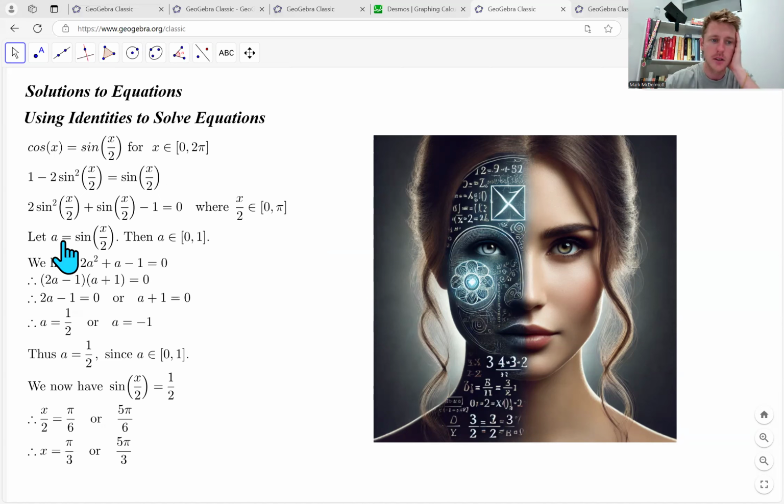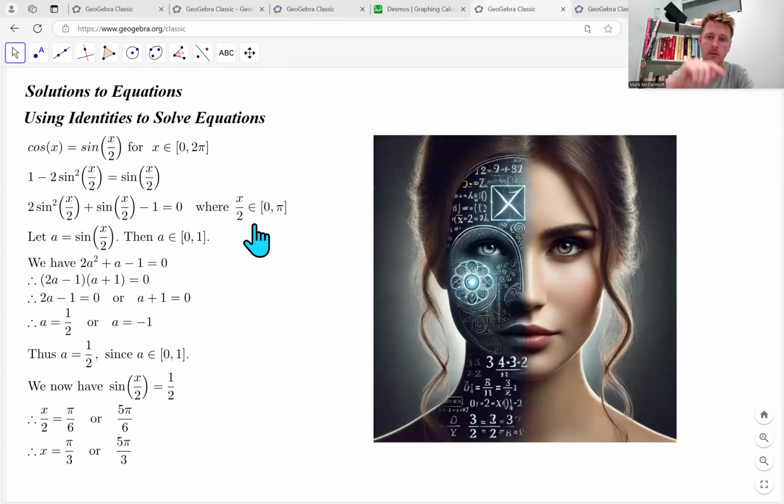When we make this substitution of a for sine of x on 2, we need to realize that we've got restrictions on the value of a. Remember, x on 2 can go between 0 and pi, so that's an angle starting at 0 going around to pi. Sine of x on 2 would normally have a range from 1 to negative 1. However, if the angles you can take on are only from 0 to pi, then the range of that function can only be from 0 to 1.